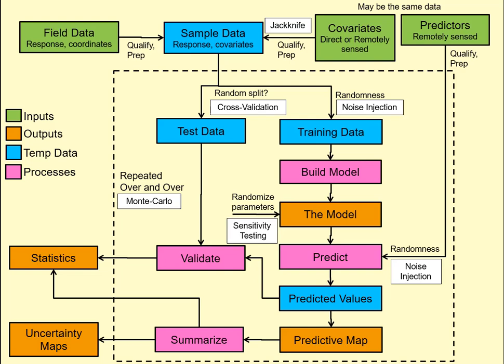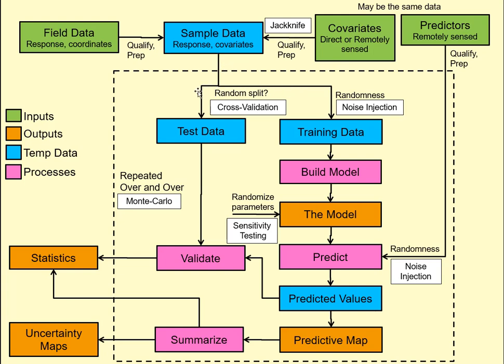I introduce it now because students do struggle a little bit with the whole process, and this is a picture I've created to show you the whole process. Here we've got our field data, here we have our sample data, here's our covariates, which may be part of the field data, but typically are separate. We combine those together to get our sample data.